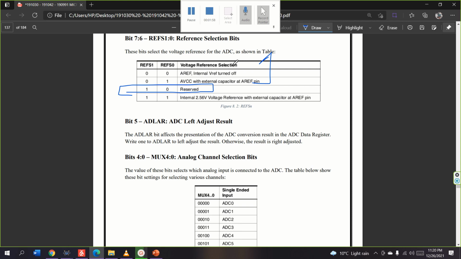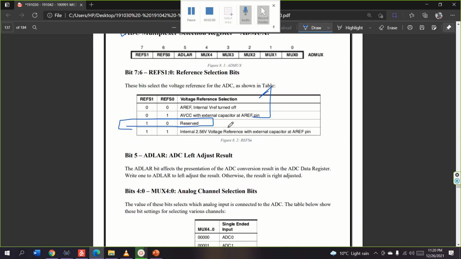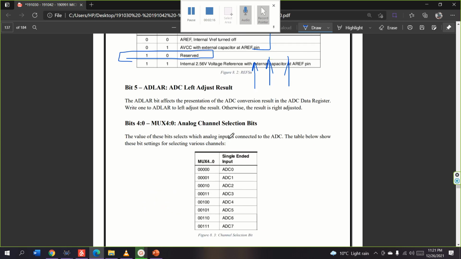So there are three options: I use the external reference voltage, or the internal one, or I provide my own voltage to the Arduino.